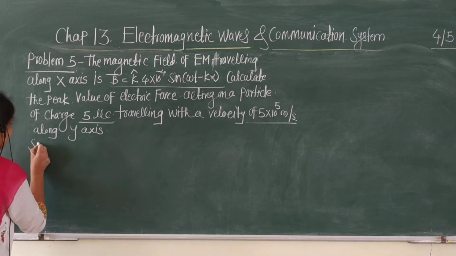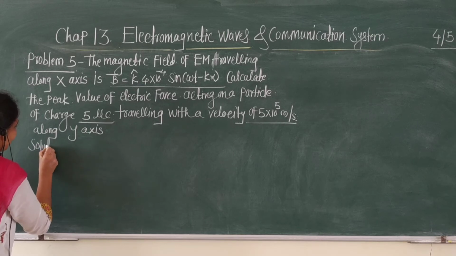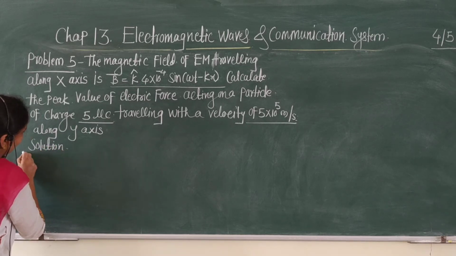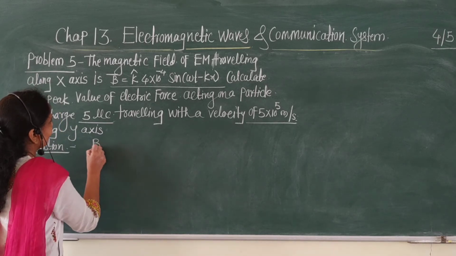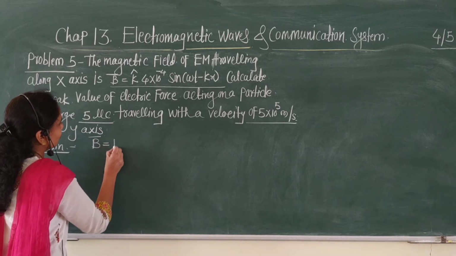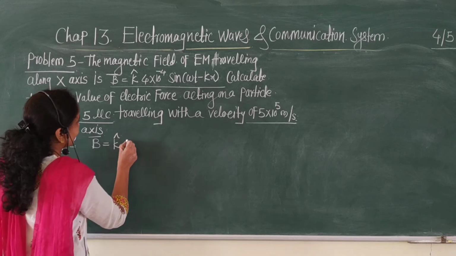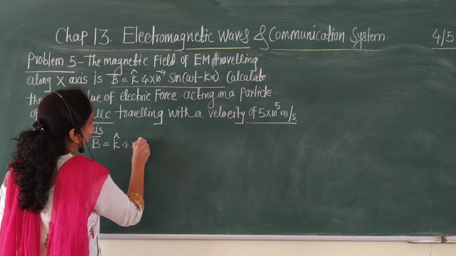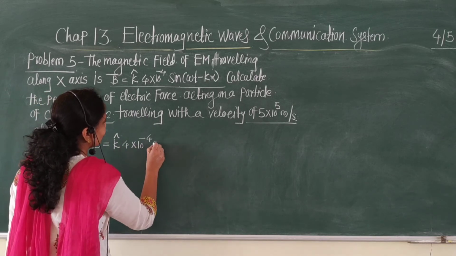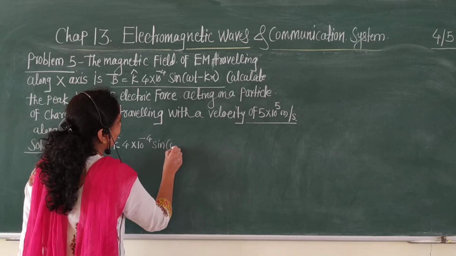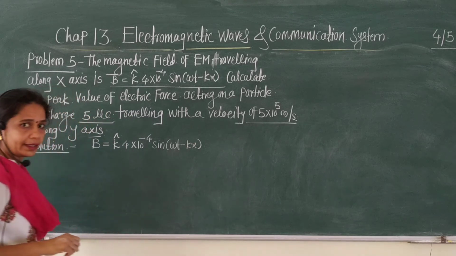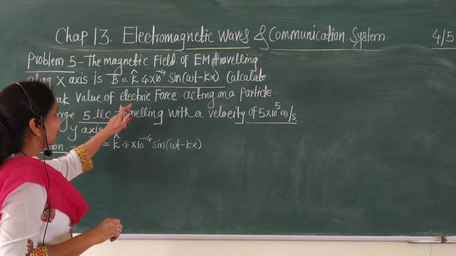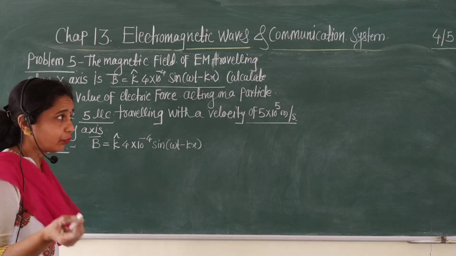Therefore, in the solution, we have to write the given quantities first. B vector is equal to k vector into 4 into 10 raised to minus 4 sin of (ωt − kx). Calculate the peak value of electric force.